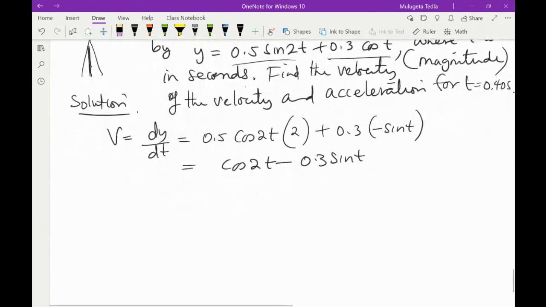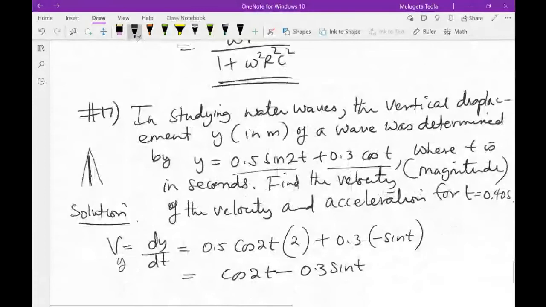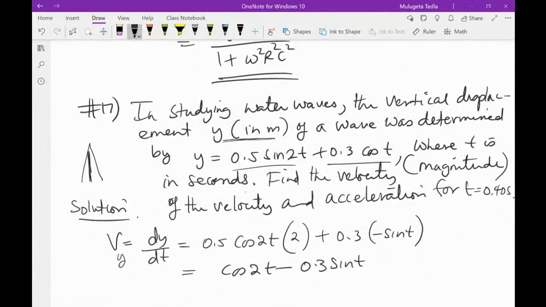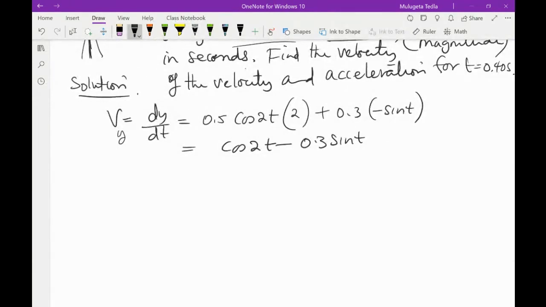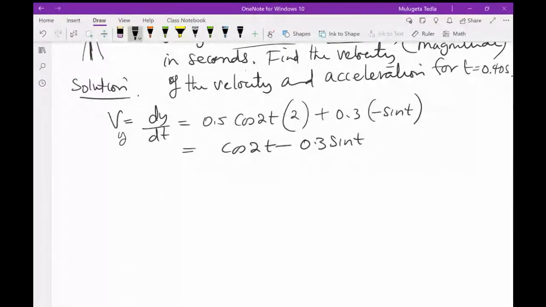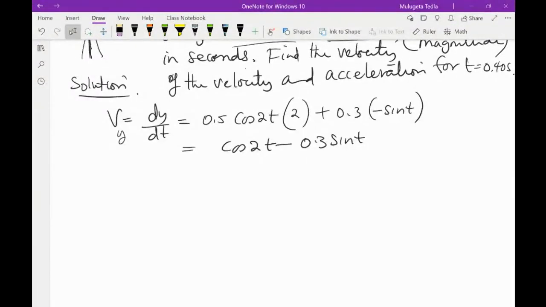That is the velocity in the y component. The function is really y, because it's a wave, and they were talking about the displacement. This is a formula for the instantaneous rate of y in terms of t.